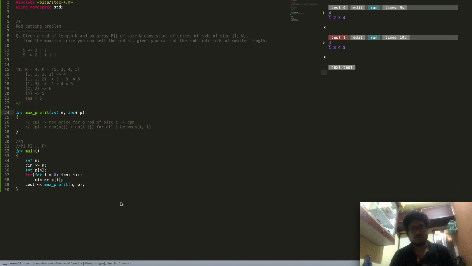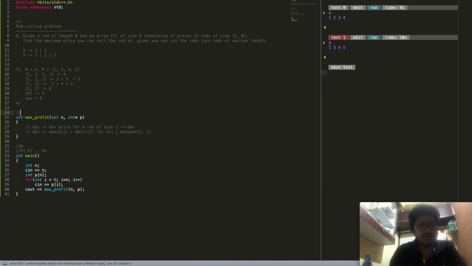Let's try to understand it with the help of an example. Let's say we have a rod of length i. From this rod of length i we can chop out any other rod of length j. Let's say I chopped out a rod of length j and sold it. So the price for the rod of length j will be equal to P of j, and then I would have to solve this problem for the remaining rod of length i minus j.